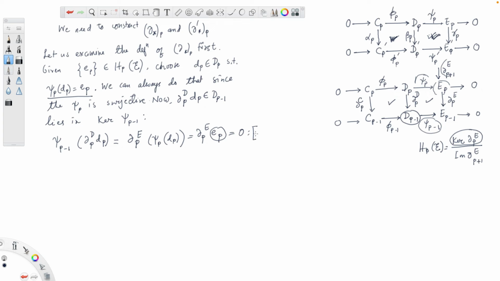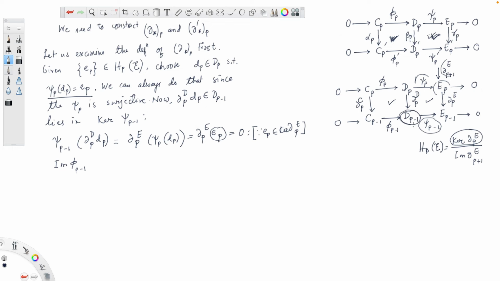So let me write it out here. Since e_p belongs to the kernel of del_p^E, e_p is a p-cycle. Good. Now, from the exactness of the bottom sequence, it's a short exact sequence of abelian groups.